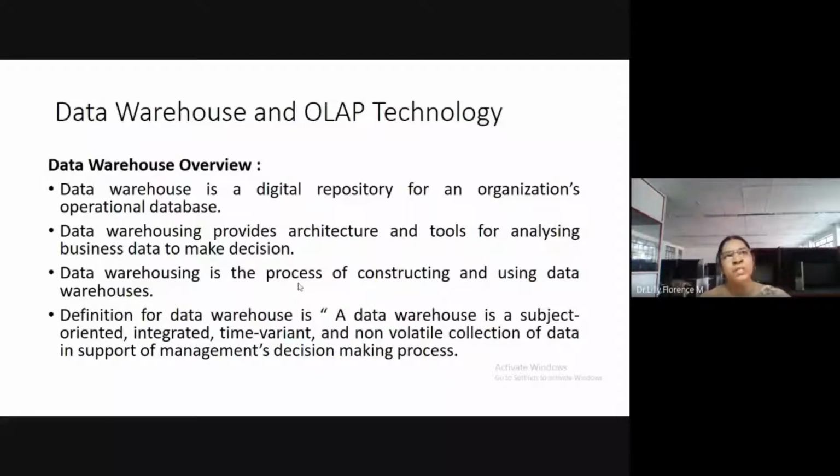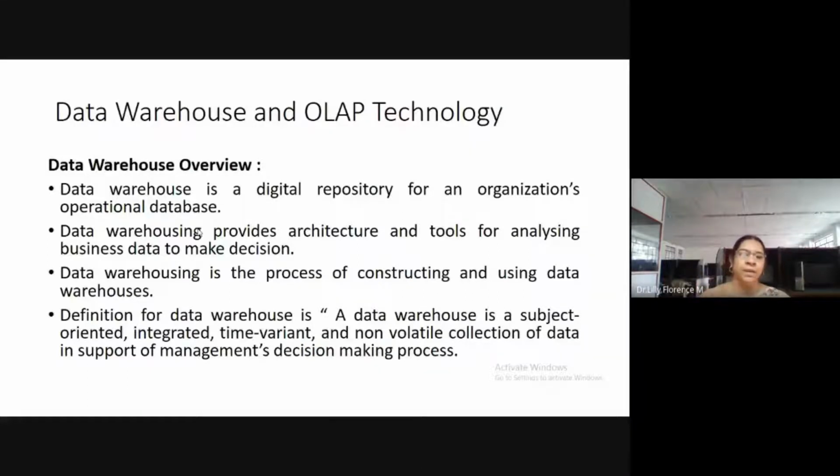And data warehousing is the process for constructing and using the data warehouse. Also, data warehousing provides architecture and tools for analyzing business data for decision making.